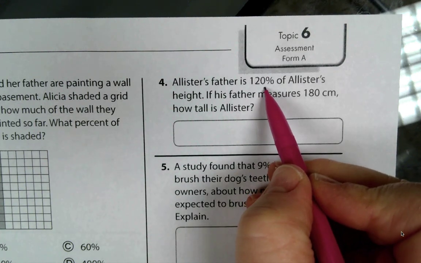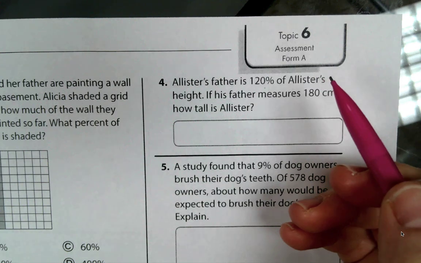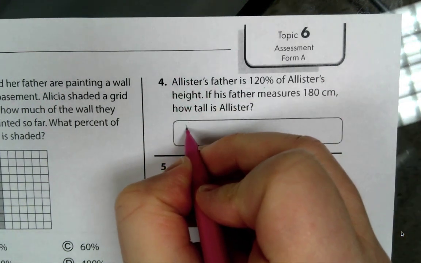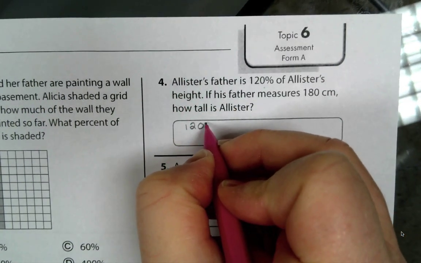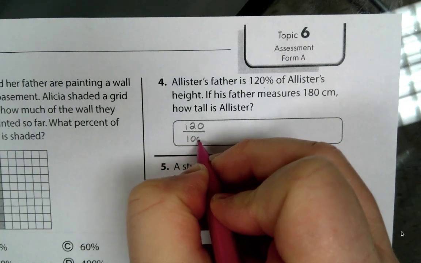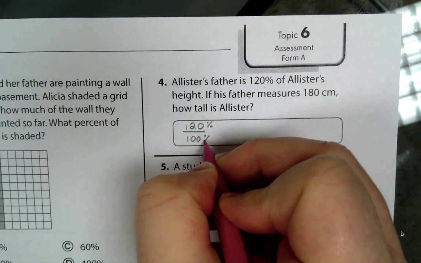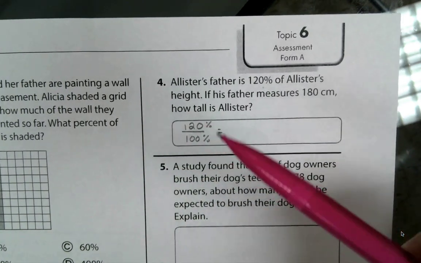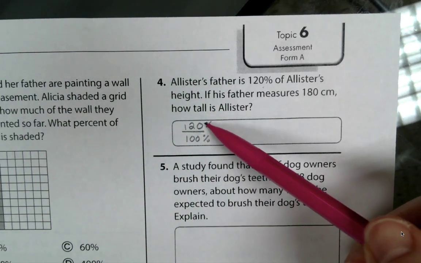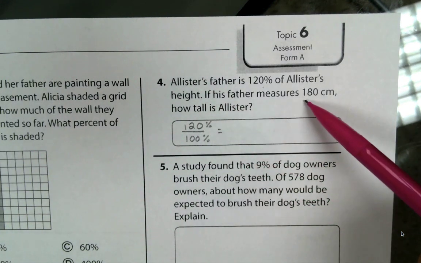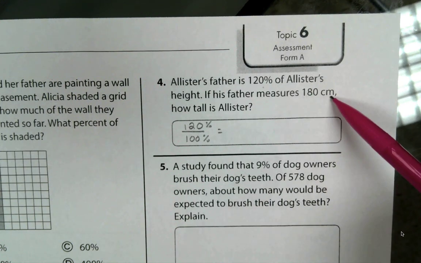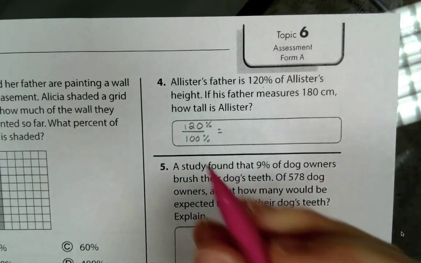So even though 120 is greater than 100, it's still going to go on top because we're comparing it to 100. Okay, so Alistair's father is 120%. If his father measures 180 centimeters, how tall is Alistair?